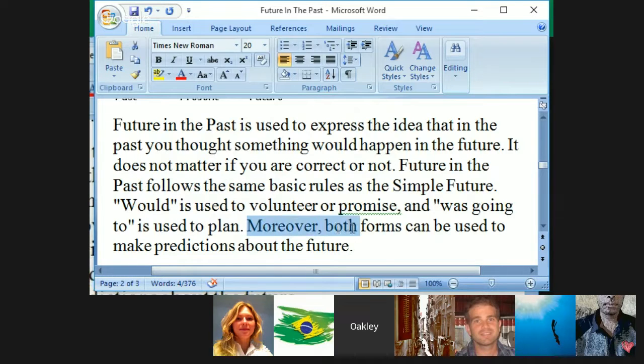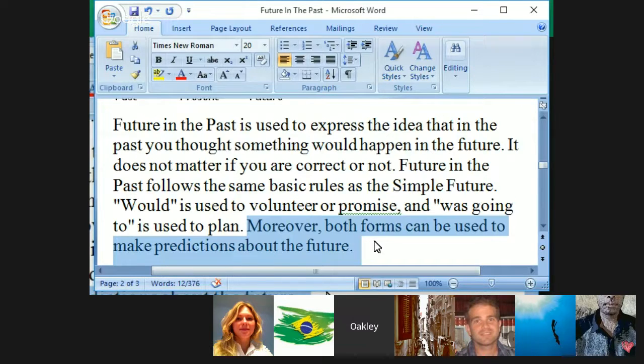And just like simple future, future in the past, both forms can be used to make predictions about the future. Okay, who you think is going to, I think, let's see, all right. I think Denver will win the American Football Super Bowl. I think Denver is going to win the Super Bowl. Doesn't matter. Either form can be used for predictions. In the past, okay, if it's 3 weeks from now and you talk to me, I would have to say, I thought Denver would win the Super Bowl, or I thought Denver was going to win the Super Bowl.